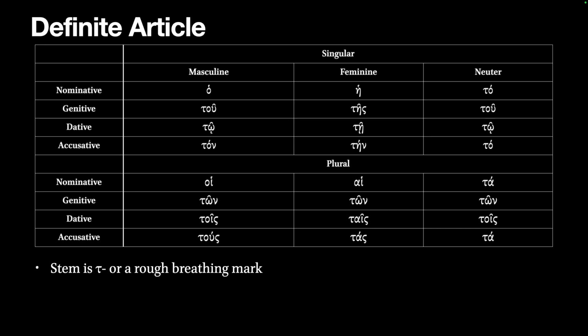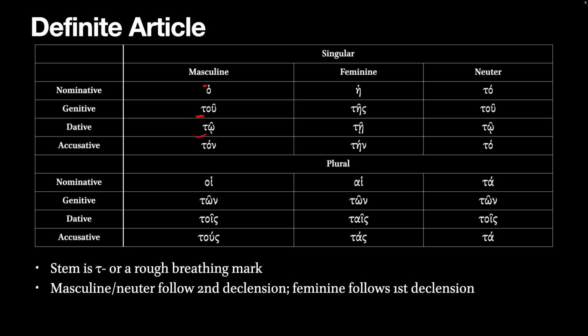So you think of the stem or the basic form of each of these as the tau or the rough breathing mark there. The masculine and the neuter follow the second declension pattern, whereas the feminine follows the first declension pattern.